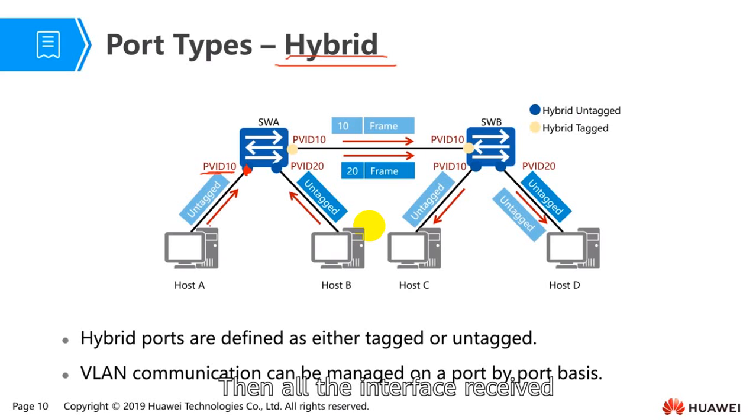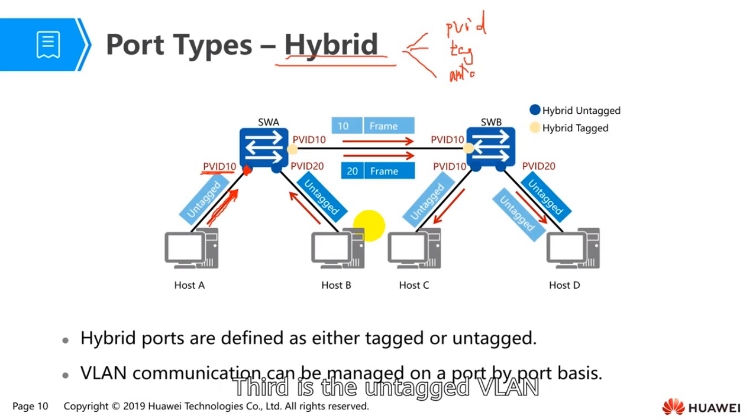Then the PVID received on this interface is configured as VLAN 10, and we send out to other VLAN 10 interfaces. In the hybrid, we should configure three things. One is the PVID, and the second is the tagged VLAN.